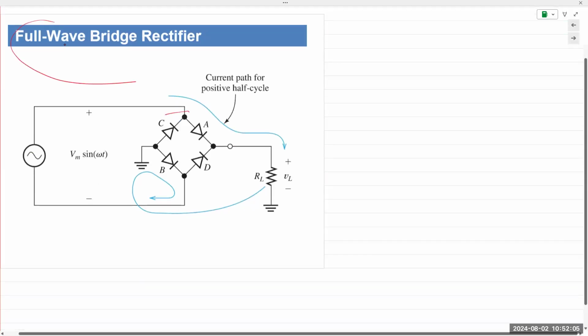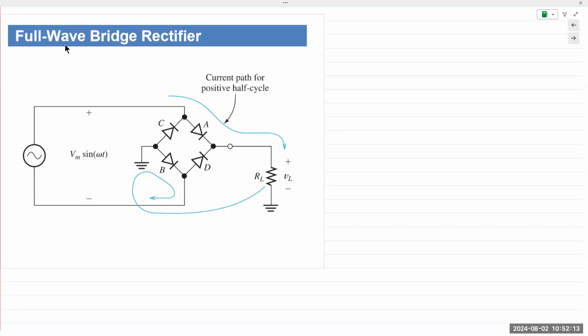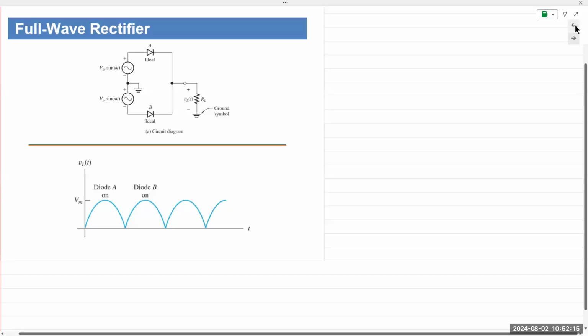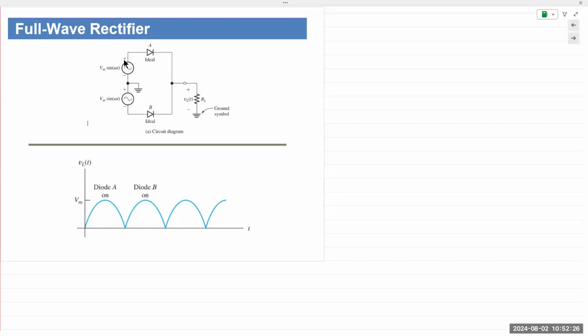This kind of circuit connection is known as a bridge connection. It's like 4 components connected in a diamond shape. This is known as a bridge rectifier. This one requires a center tap transformer. So right now, this just shows you 2 sources, but it's basically an AC source.